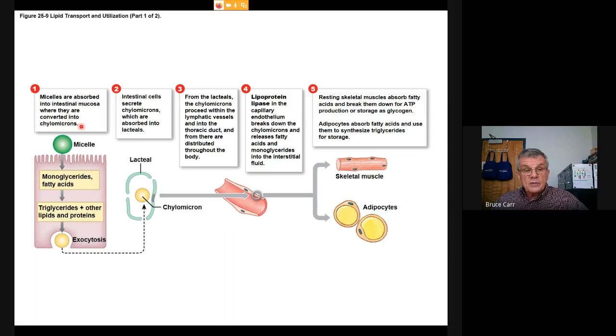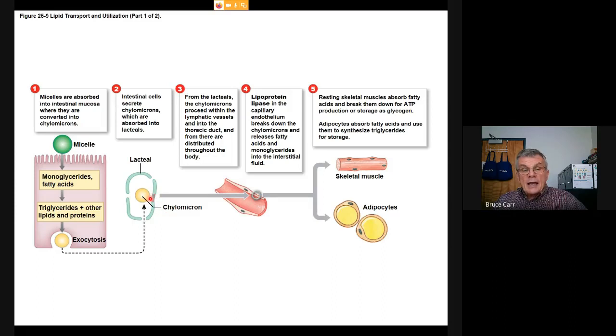You remember in the intestines here, we had to break those droplets down to a small form called micelles, which we transported in here. Now here, monoglycerides like glycerol and fatty acids are going to combine to make triglycerides plus other proteins, other lipids, and they're going to be released by exocytosis, absorbed by the lacteal, the lymph capillaries that are present in these cytoplasms.